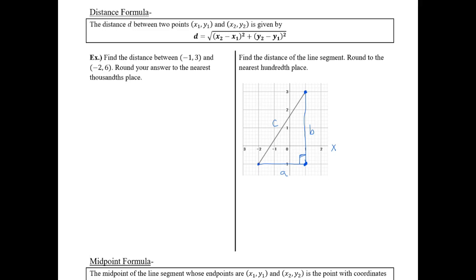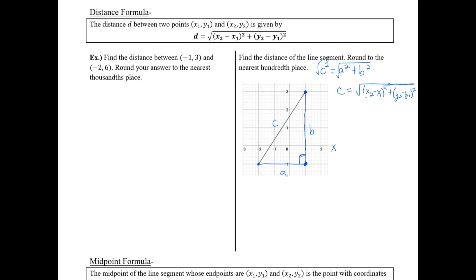So if we took the equation a squared plus b squared equals c squared, and actually I'm going to put the c squared first since that's our distance we're trying to find, and we square root both sides, we'll see that c equals the square root of a, which we said was the difference in the x values, so how far apart those x values are, plus b squared, which we said was how far apart the y values were, so the difference in the y values, squared.